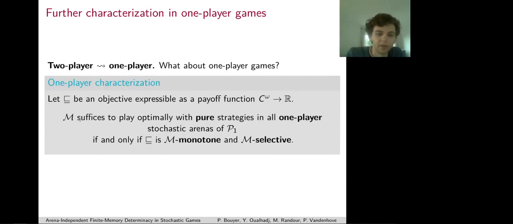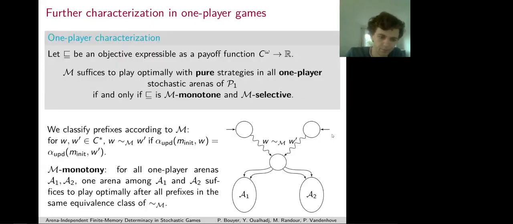And so we say that a memory structure M suffices to play optimally with pure strategies in all 1-player stochastic arenas of player 1, if and only if the objective is both M-monotone and M-selective. And here I'll explain M-monotony, and I will leave M-selectivity aside for simplicity.